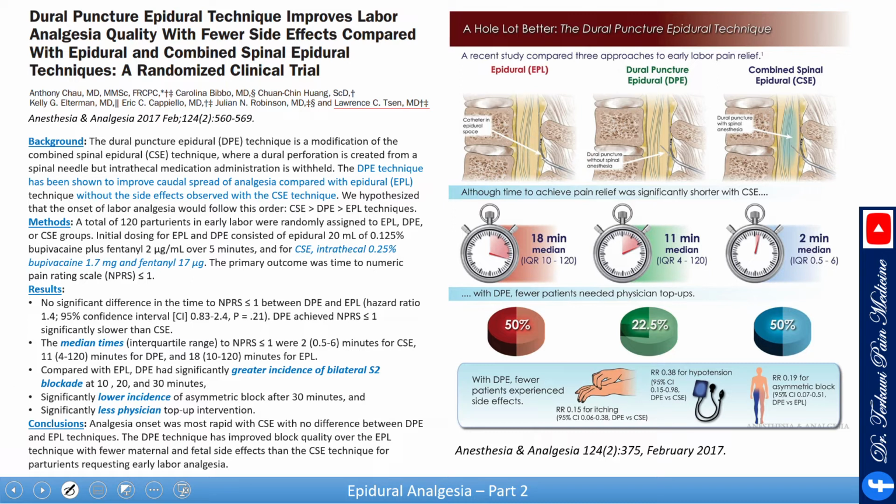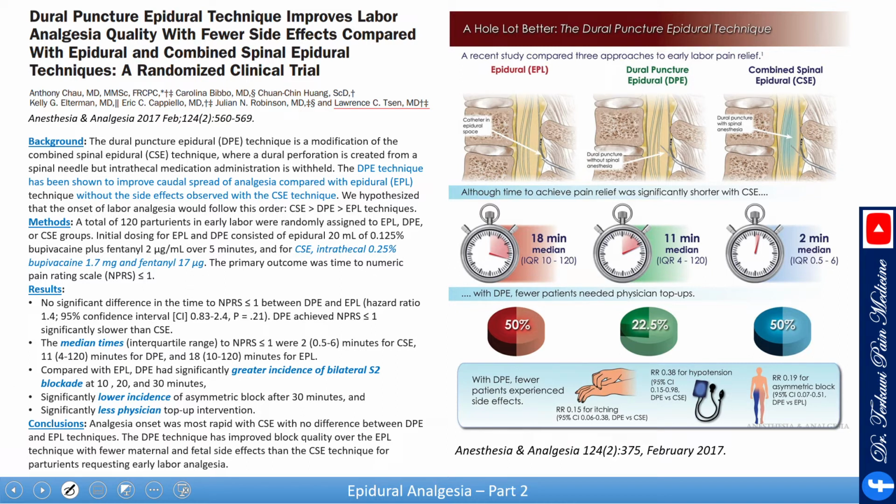So this paper tested the onset of labor analgesia. A very well done study, 120 patients randomized into 3 groups: epidural, dural puncture epidural, and combined spinal epidural.